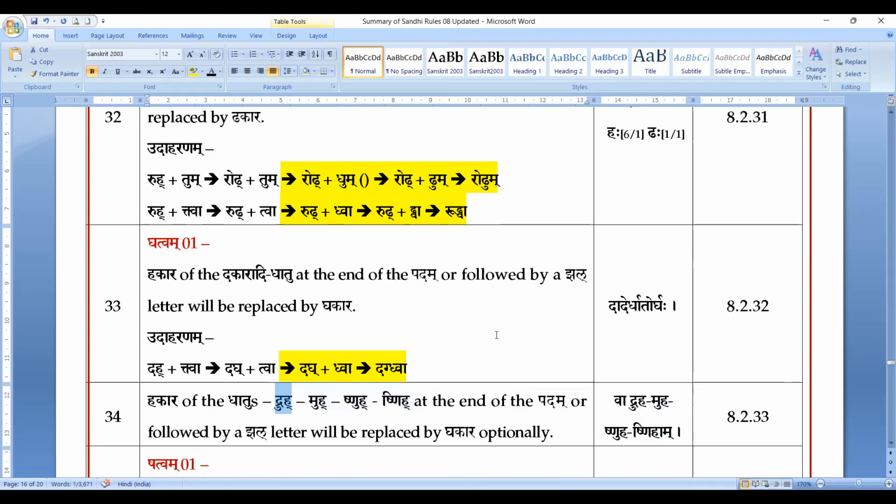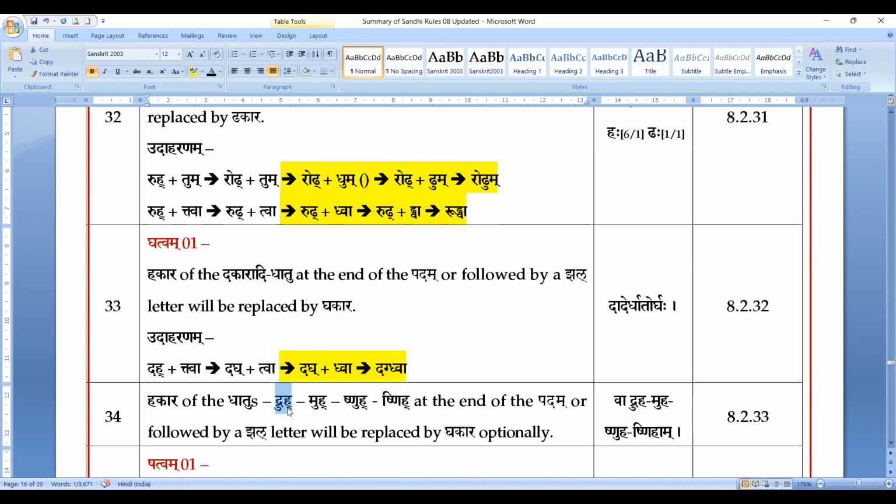And the Dhatu Druh is the same, it comes under the same category: Dakara-Adi Dhatu, beginning with Dakara, ending with Hakara. So there is an overlap, right? Here the condition is well fulfilled, Hakara of the Dakara-Adi Dhatu, and Druh Dhatu is also there.